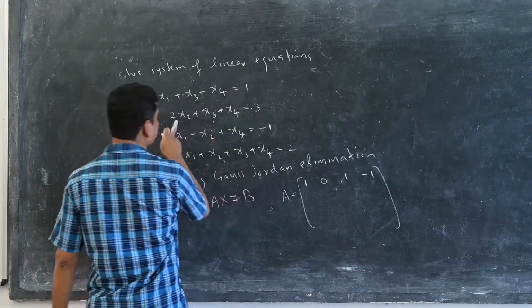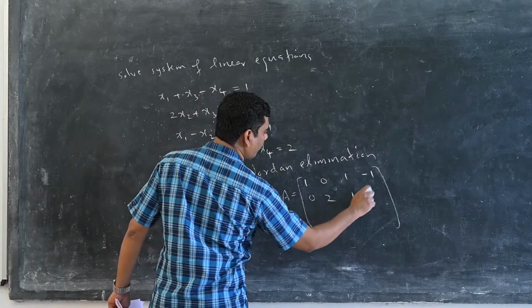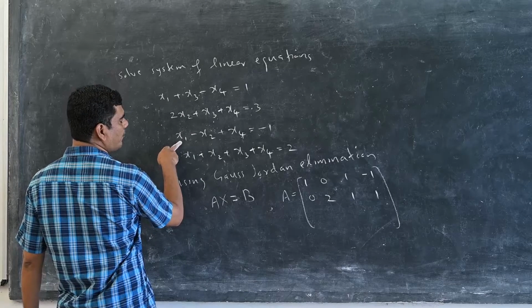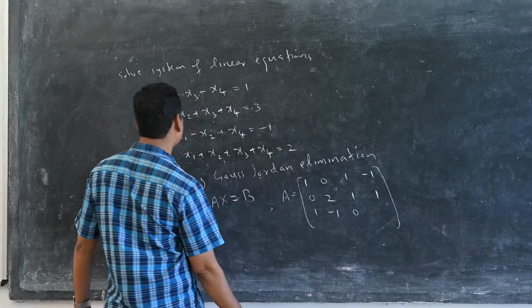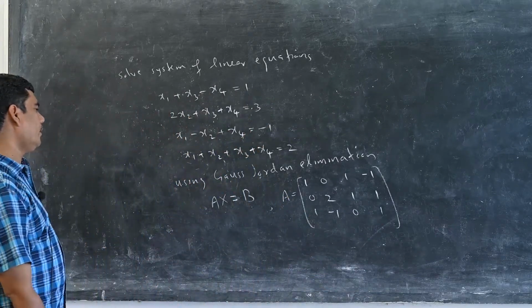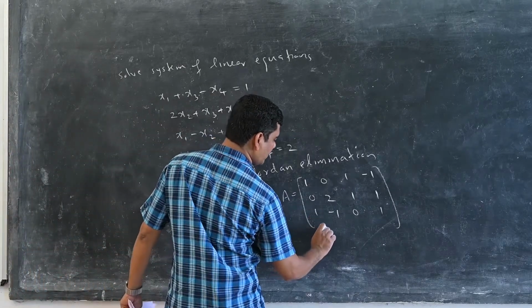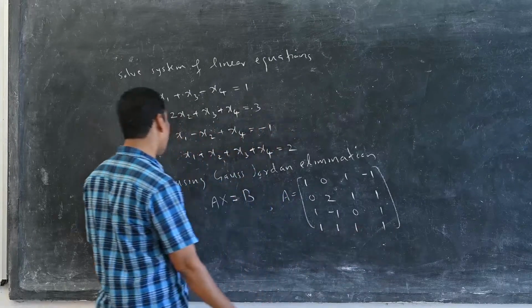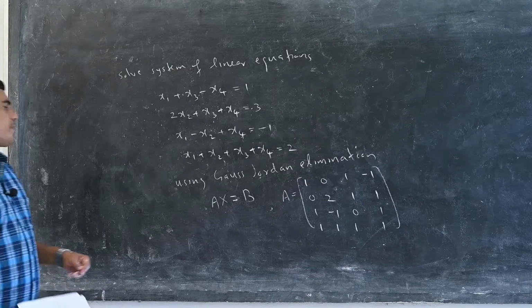In the second equation, the coefficient of x1 is 0, then 2, 1, 1. In the third equation, the coefficient of x3 is 0: 1, minus 1, 0, 1. In the fourth equation, all coefficients are 1: 1, 1, 1, 1. This is the coefficient matrix.